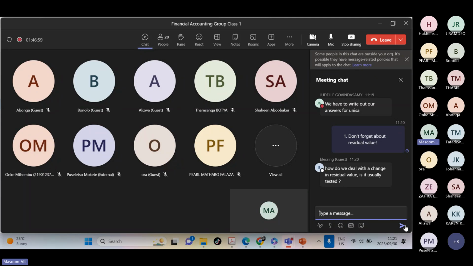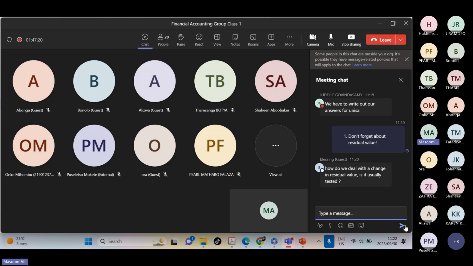You draw up your notes on the change in adjustments in terms of IAS 8. It's exactly the same thing. The only difference is that instead of your useful life being changed, it's your residual value that you change, but everything is exactly the same.